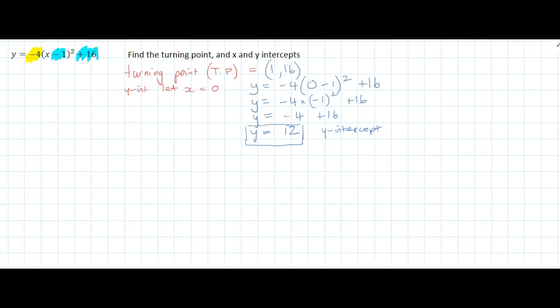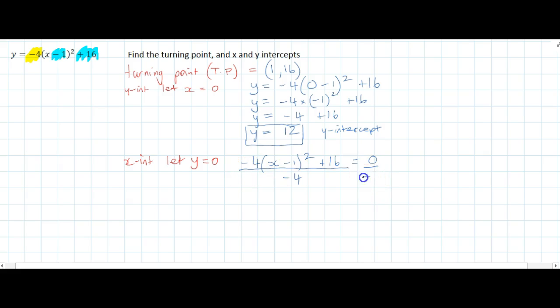Now x-intercepts occur when we let y equal 0. Let's go back to the original equation and make y equal 0. I like to put it at the end, so I'm going to rearrange it. Ordinarily, you'd think first of all that it's not a difference of two squares because that is not a negative number. But we have this -4 out the front, which we have to deal with before we factorise. So we divide.